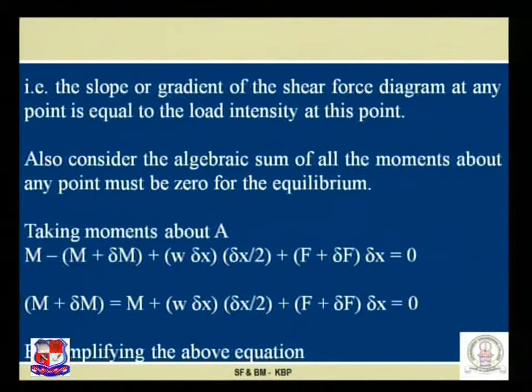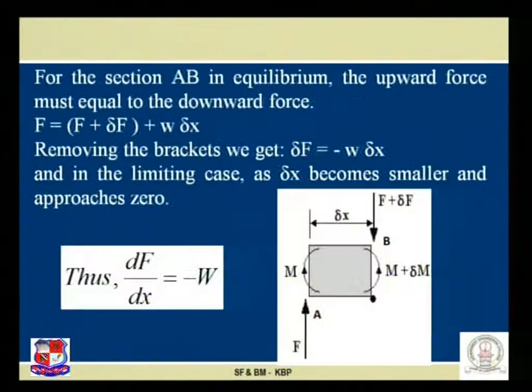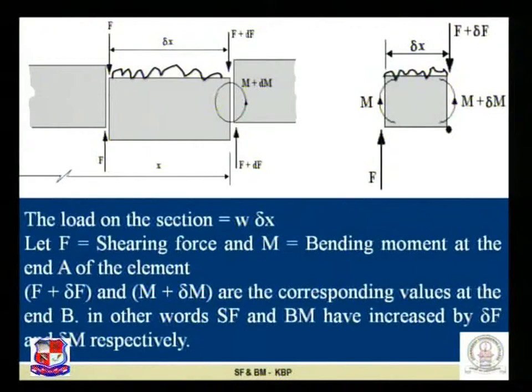Now the question may arise in the mind, how many forces are acting on this system? Please refer to the figure. At section A, the force F is acting, and also the moment M is acting. The load, which has not been shown here but you can see in the previous figure, W into delta X, is also acting.